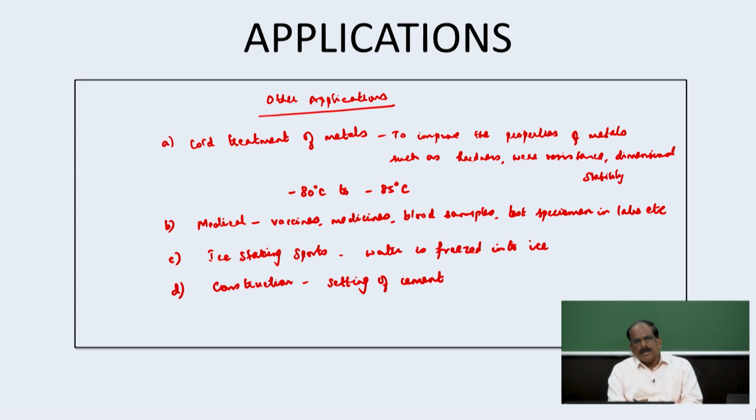Otherwise, there are chances that the concrete will expand, and there could be some formation of cracks. So to prevent that, cold water or chilled water is used in construction for the setting of cement.